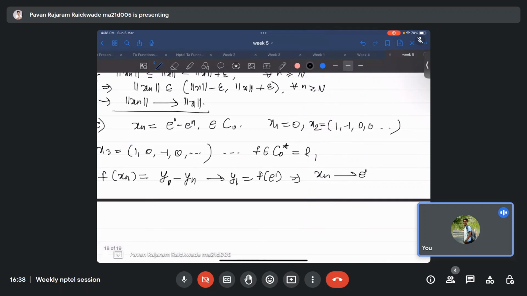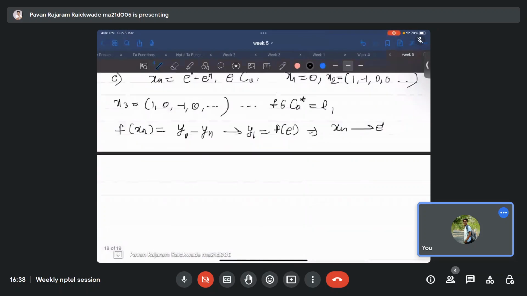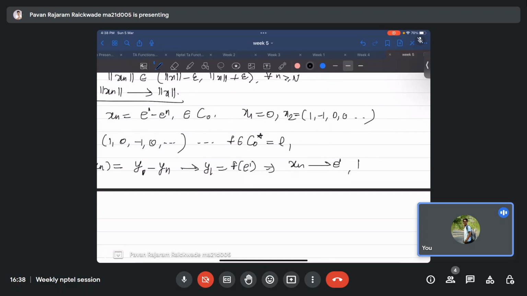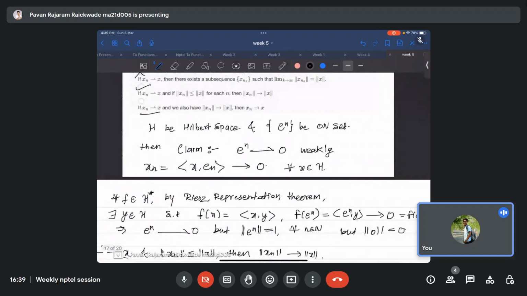Also norm of xn is the same as norm of e1, which is 1. So xn goes to e1 weakly, and the norms also go to the norm of e1. But what is norm of xn minus e1? Which is norm of en, which is 1, which doesn't go to 0. So this third one is wrong.